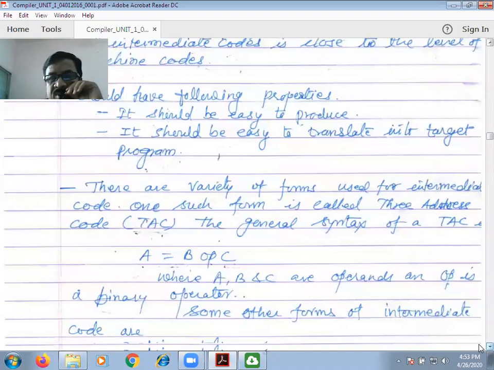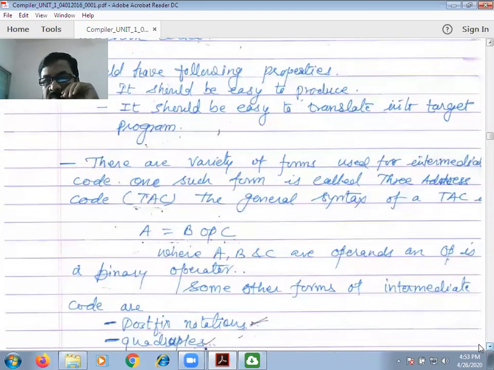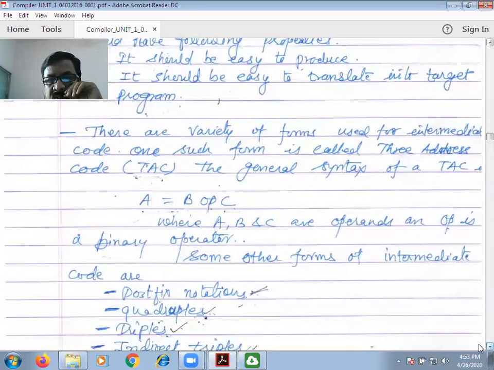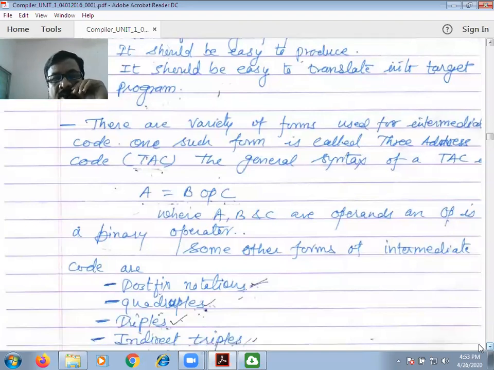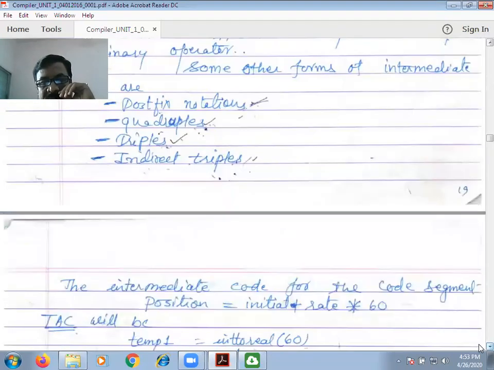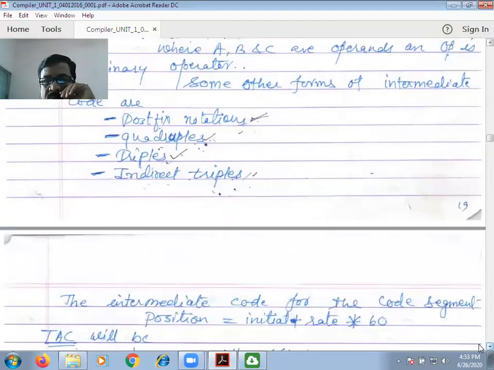The typical representation of such intermediate code is the three address code, also known as stack code. The typical format of the code is A equal B op C, where A, B, C are identifiers and op is a binary operator. Some other forms of intermediate code are postfix notation, quadruple representation, triple and indirect triple representation.